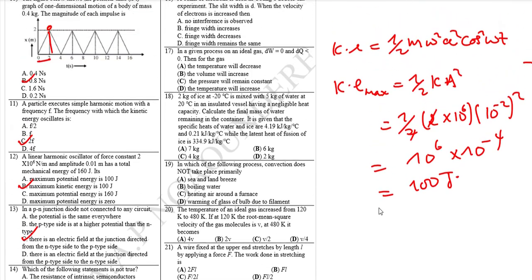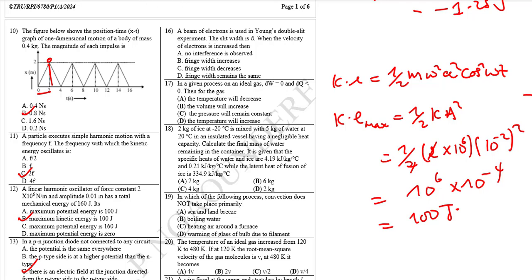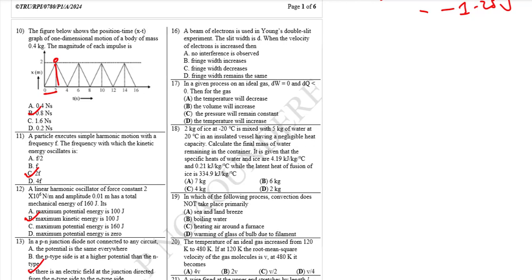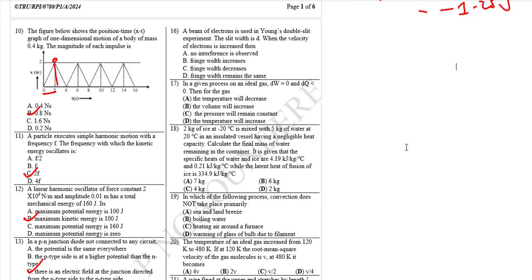Question number 16. A beam of electrons is used in a Young's double slit experiment. The slit width is d.